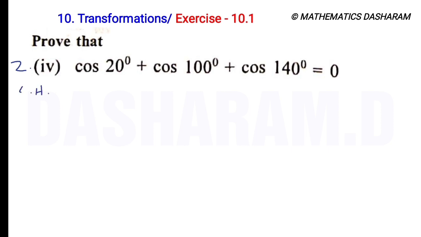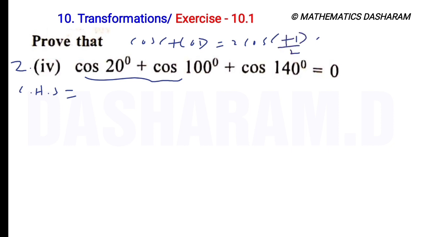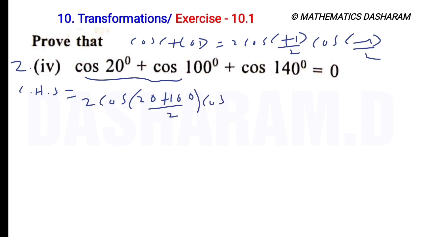Fourth problem, cos 20 plus cos 100 degrees plus cos 140 degrees equals to 0. So first LHS, for the first two terms apply the cos C plus cos D formula. It is equal to 2 cos C plus D by 2 into cos C minus D by 2. So 2 into cos 20 plus 100 by 2 into cos 20 minus 100 by 2, plus cos 140 degrees.